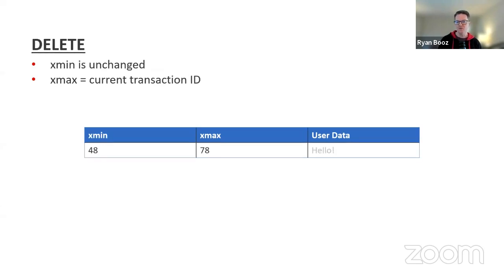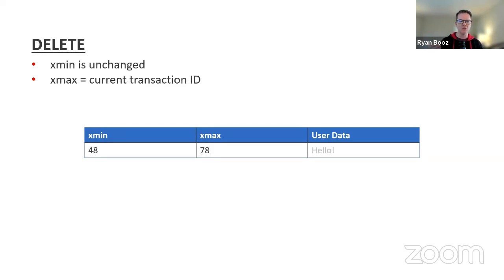Now, a delete would look like this, right? We had a value, it was inserted by transaction ID 48, and then we said delete where, I don't know what the ID, but somehow this row got deleted from my table. And the row itself, the tuple, is not actually deleted at that moment. Instead, the transaction ID that caused the deletion, that did that step, is inserted into the xmax column.